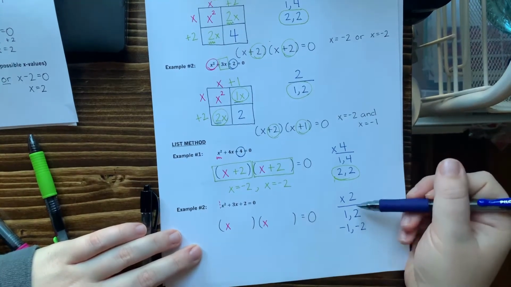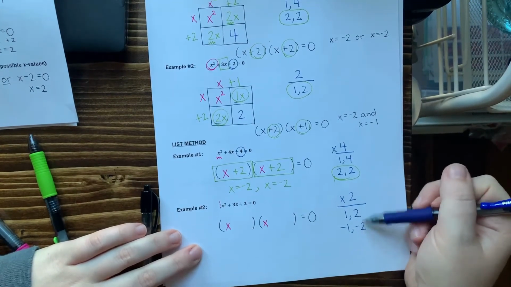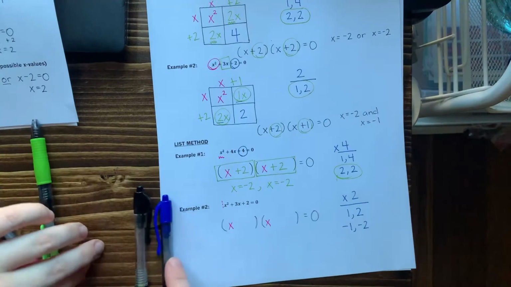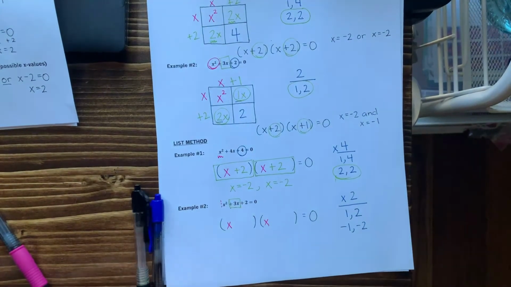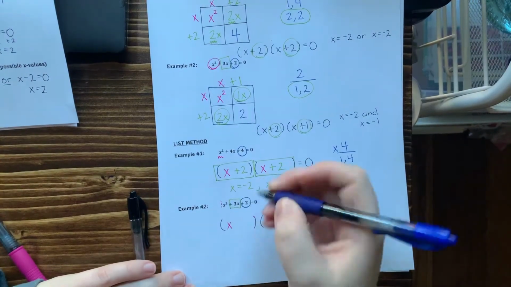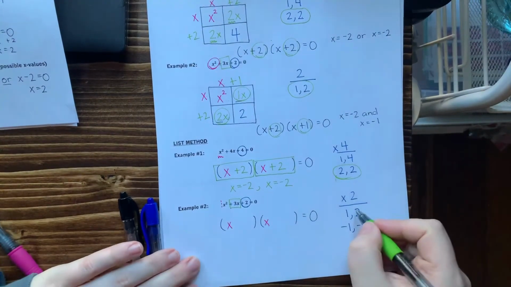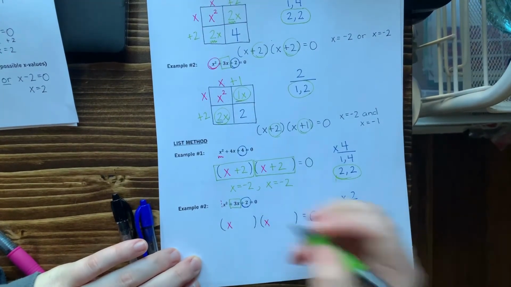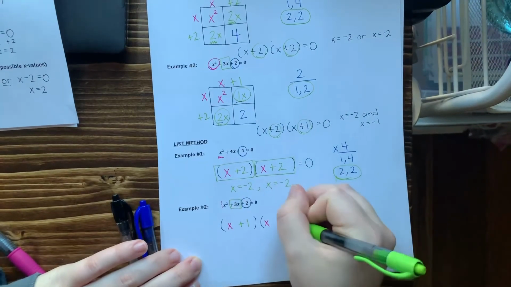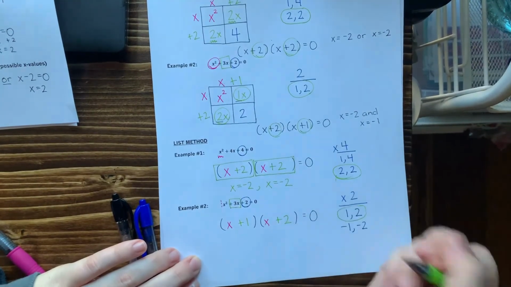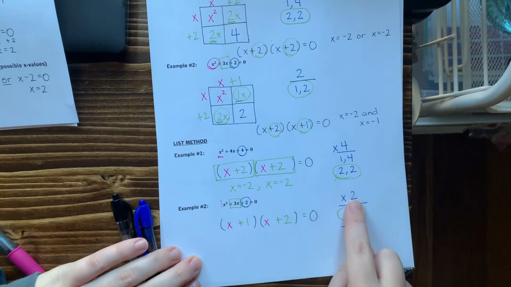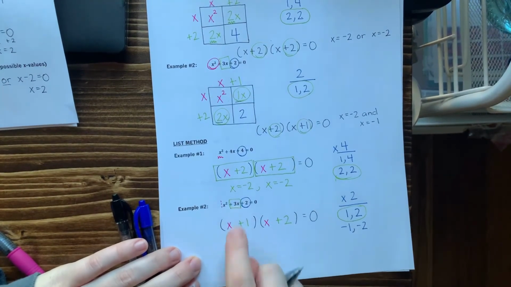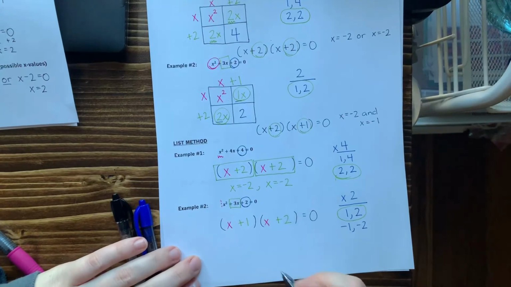But for our purposes, which of these add to get a +3? Well, that's going to be +1 and +2. So one number goes in one parentheses, one number goes in the other. 1 times 2 is 2. 1 plus 2 is 3. So we have exactly what we need.